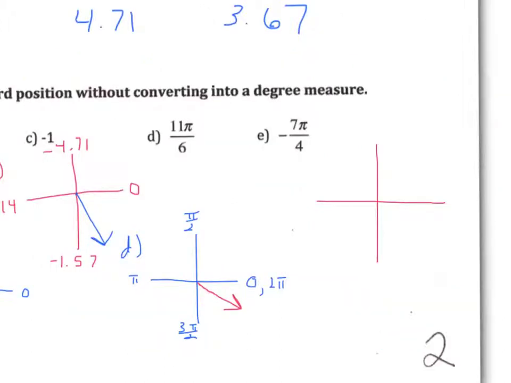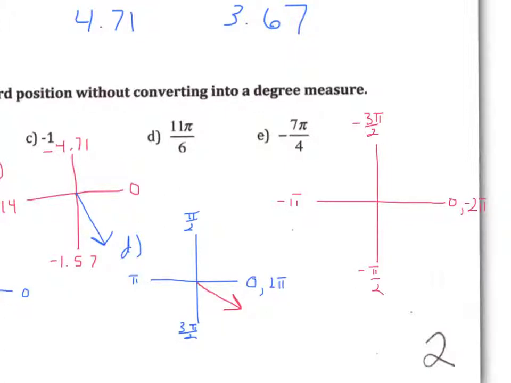And for my last one, -7 pi over 4, I'm going to do radians, but the negative version. So I'm going to start at 0, -pi over 2, -pi, -3 pi over 2, and then -2 pi.